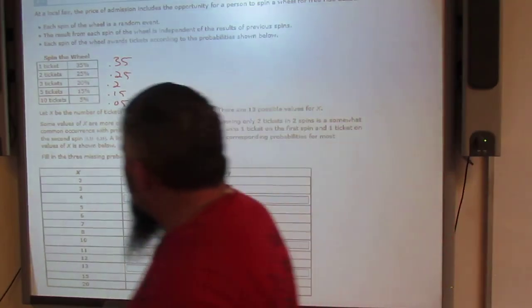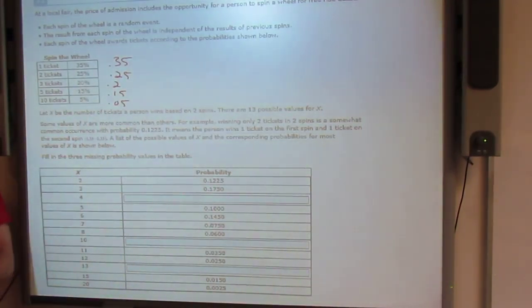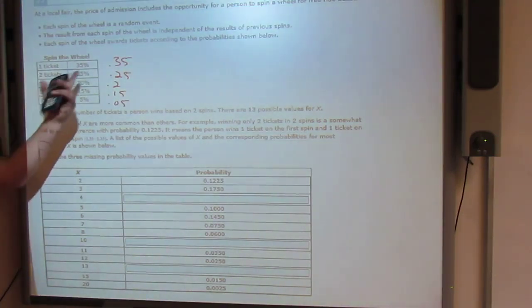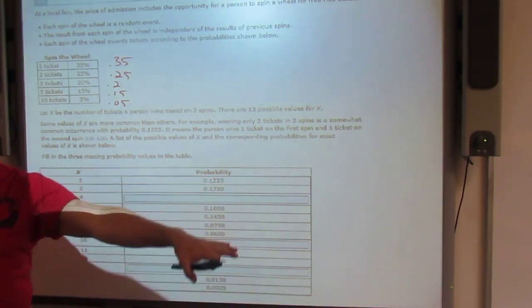So the probability of the first one is 0.35, and the probability of the second one, of 1, is 0.35. So it's 0.35 times 0.35, and I get 0.1225.